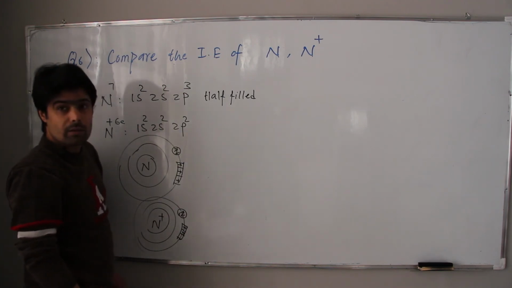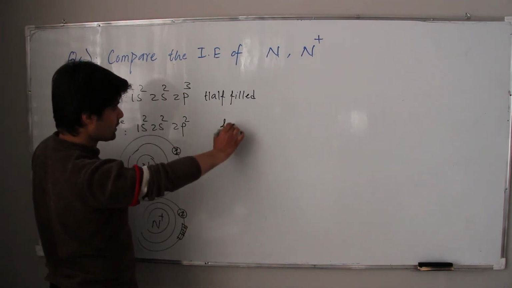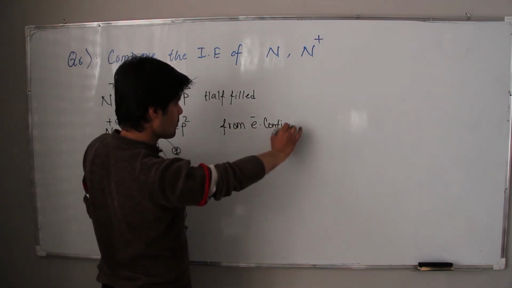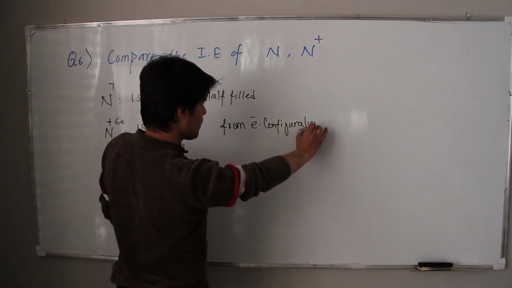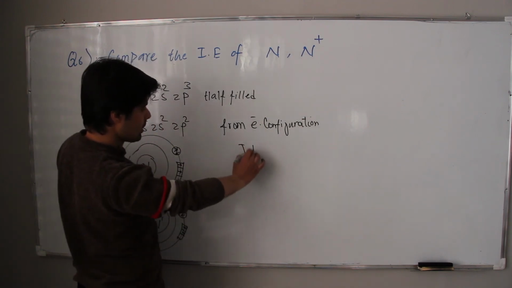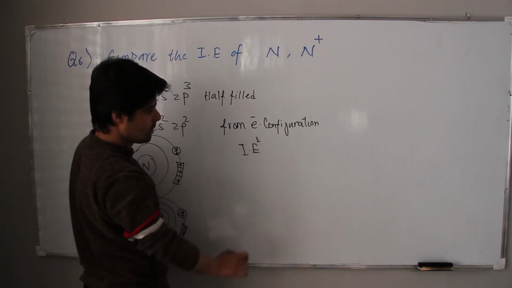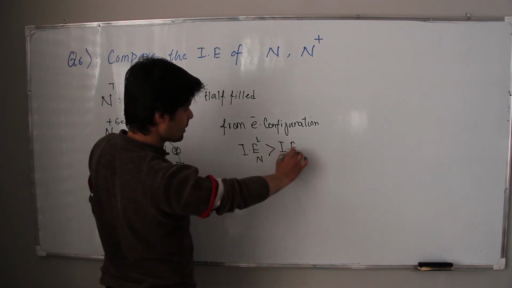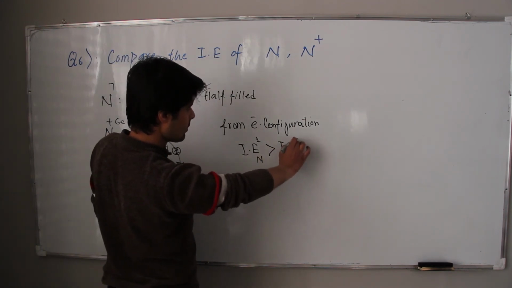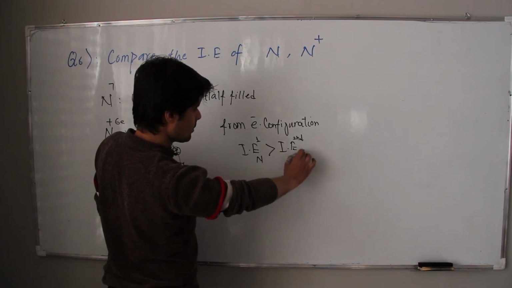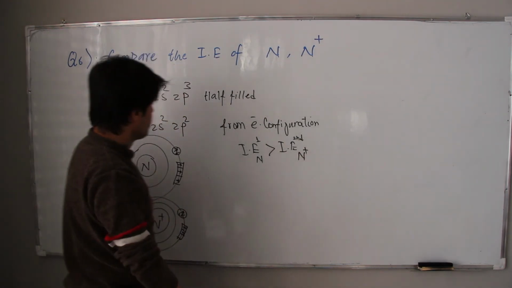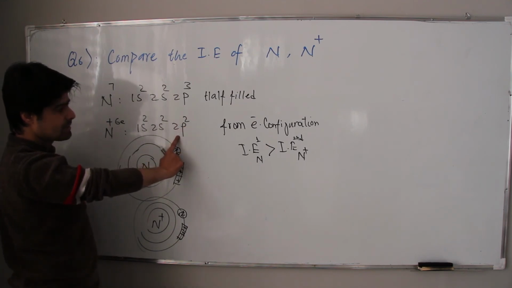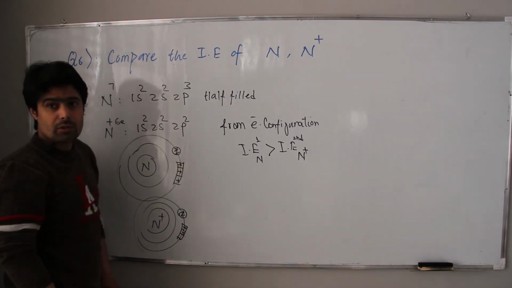What do you think? From the electronic configuration, we can say that the first ionization enthalpy of nitrogen is more than the second ionization enthalpy of nitrogen plus. Why? Because it has a stable electronic configuration and this one doesn't.